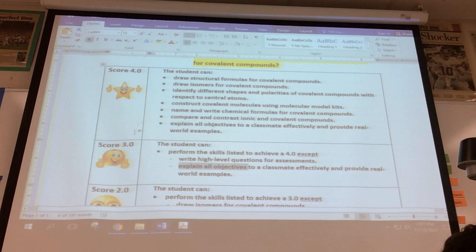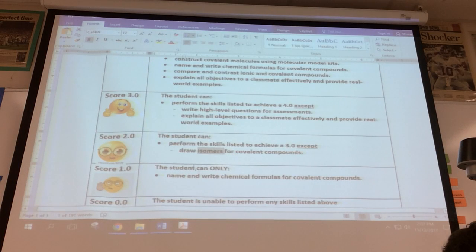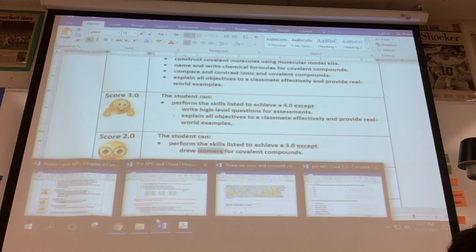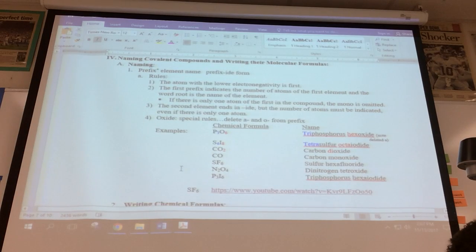An A can be a 4 or a 3, but the easy A, if you will, is in that 4.0 range. Also make sure you brush up on your isomer drawing, because if you can't draw isomers, you're going to have trouble getting into the A range. But I feel very confident that you'll be able to name and write chemical formulas for covalent compounds today.